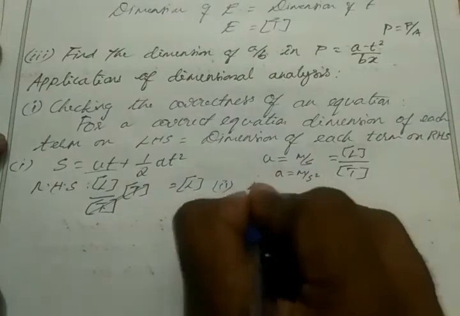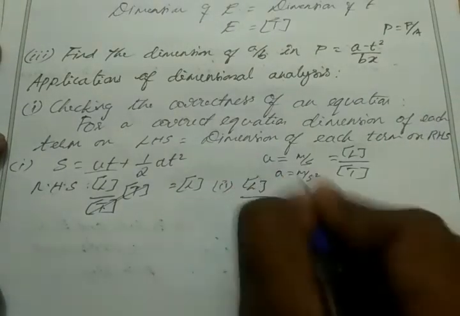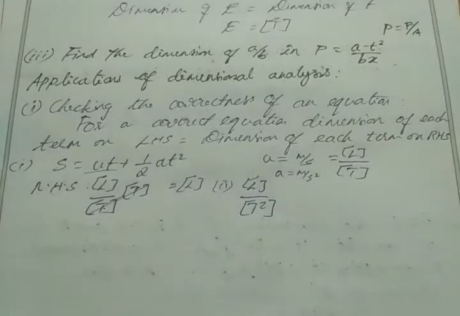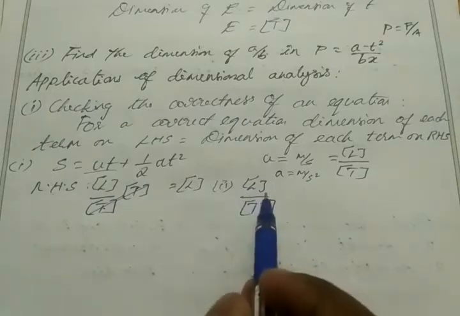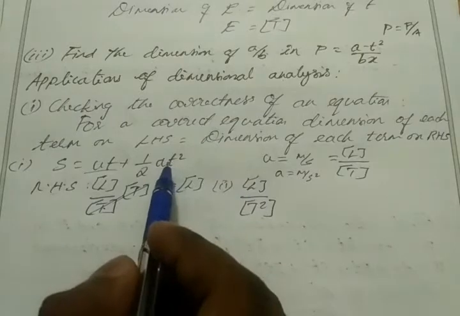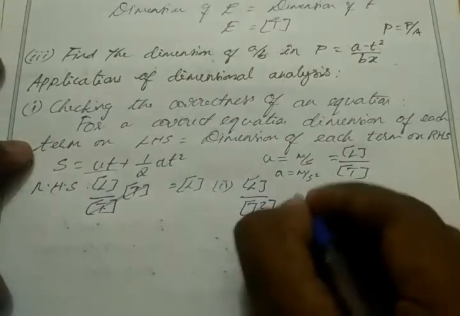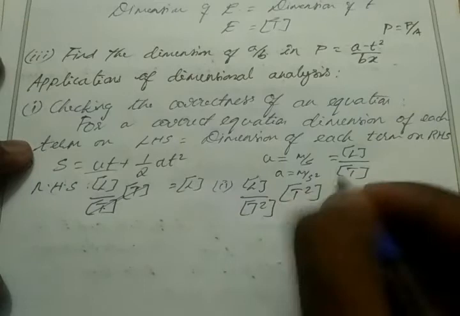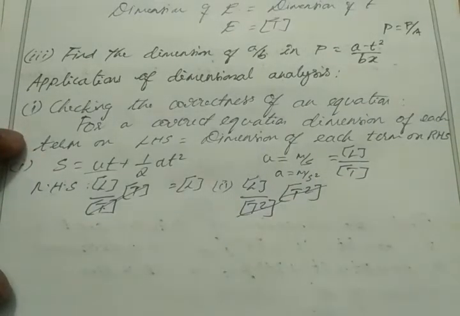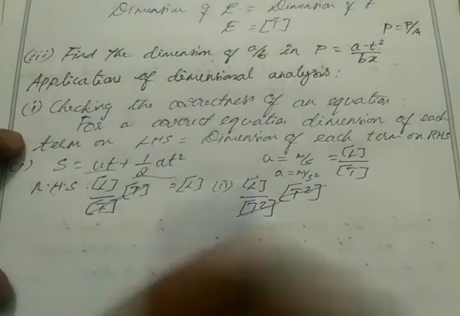For meter, I put L. For second square, I put T square. So this is my dimensional formula for a, acceleration. Then here I have t square. For t, simply I put capital T, time. So this T square and T square get cancelled. So for this term also I have L.